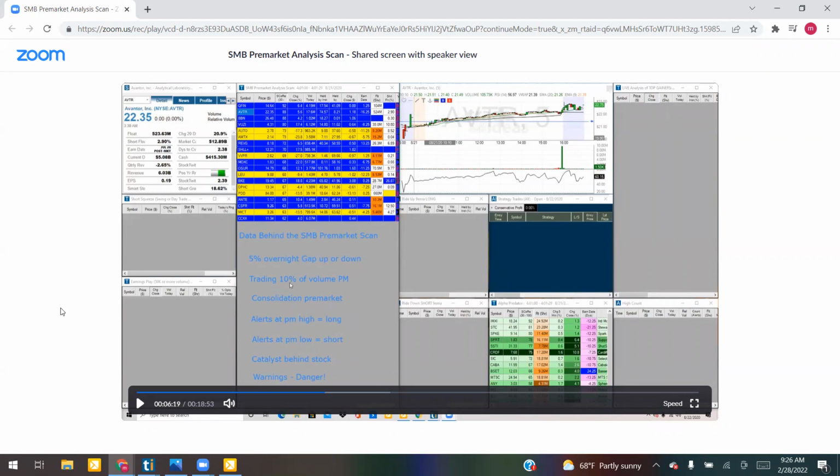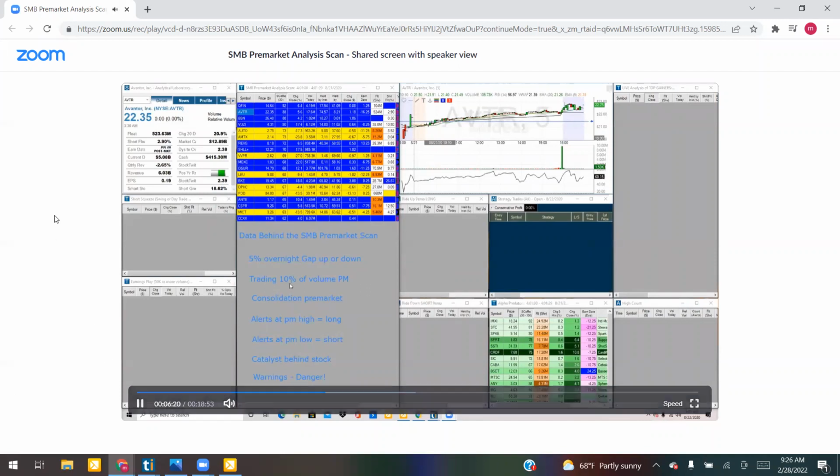However, if you feel it has a very strong catalyst behind it, like positive earnings, this is a type of stock that you might want to wait on until after the madness of it breaking its high or low, the scalping portion settles down, and it starts trending all day in a direction. So I hope that makes sense. If it doesn't, when we're done with this video, ask me questions about it.